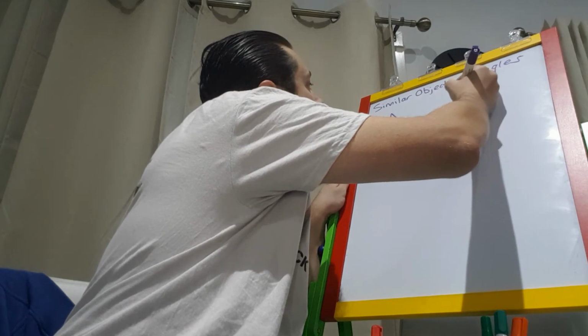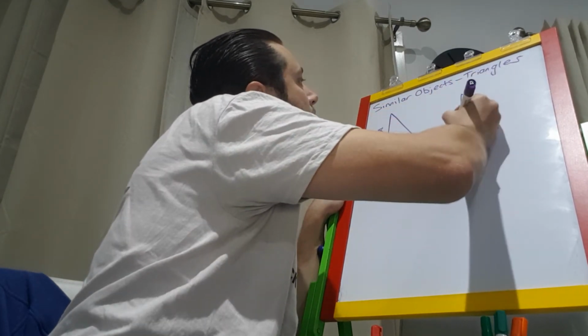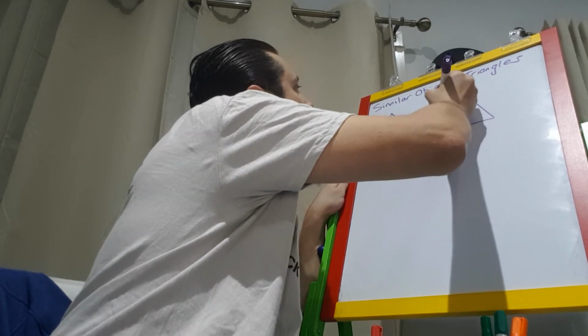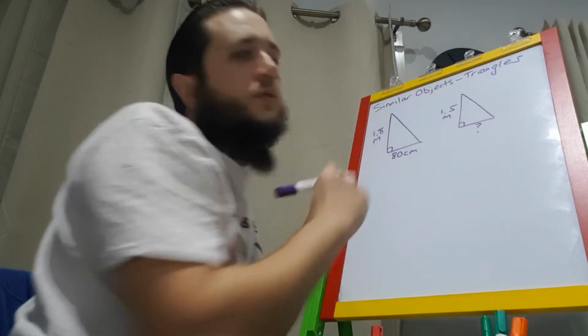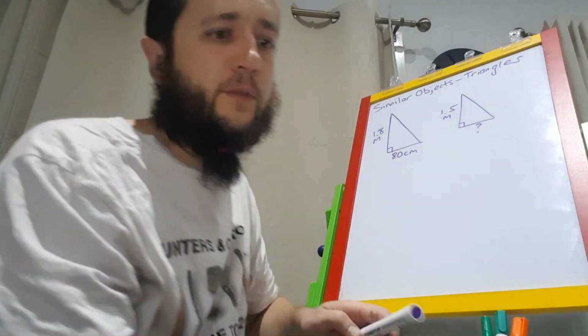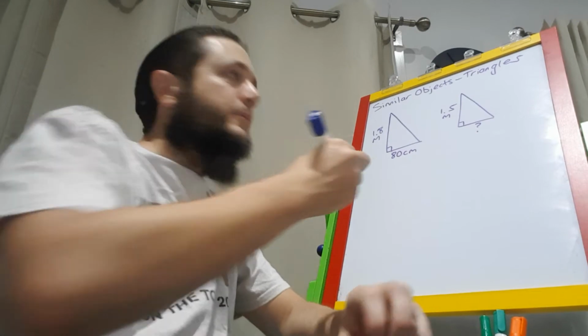And we want to know, we have someone who's 1.5 meters, and we want to know what sort of shadow a 1.5 meter person would have at the same time of the day. Now you can probably logically work that out. A lot of people will.